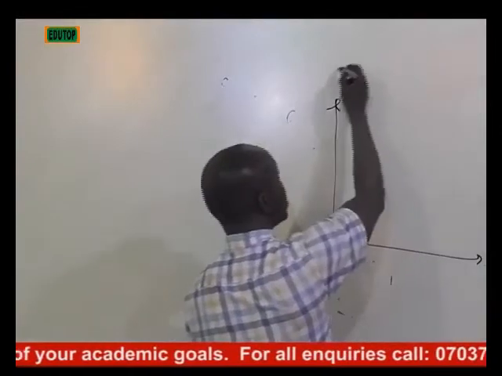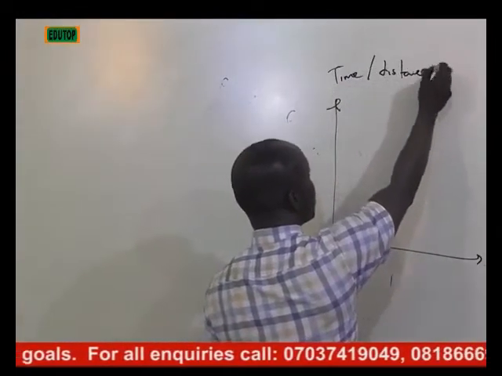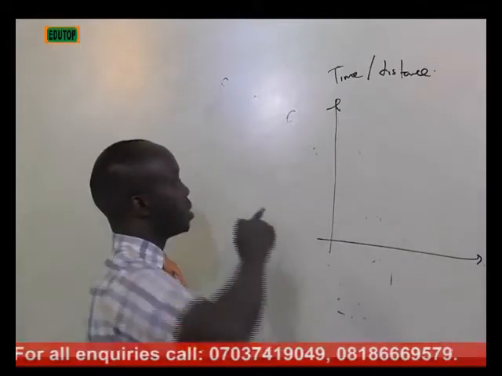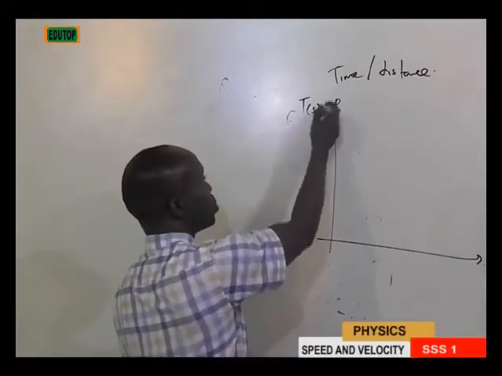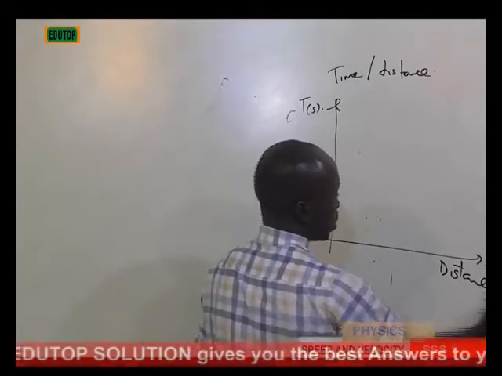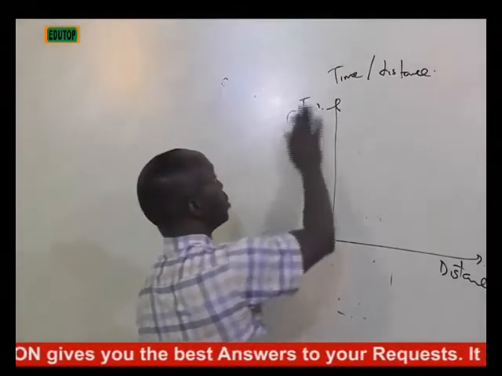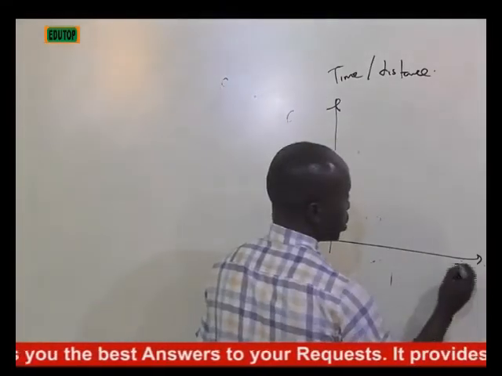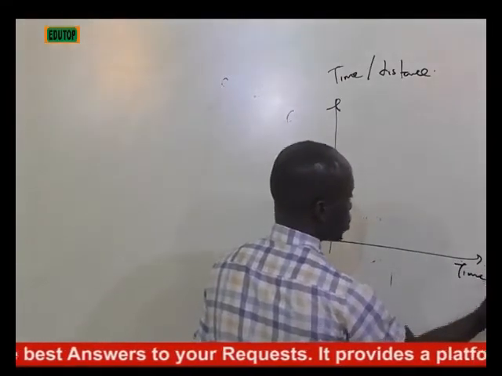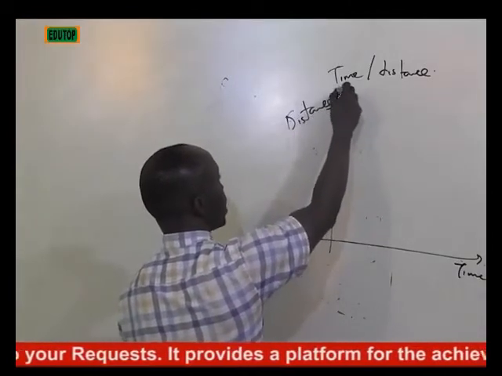Now we said it is time against distance. Your time could be here in seconds, while your distance could be here in meters. The time is supposed to be here, time in seconds, while your distance is in meters.